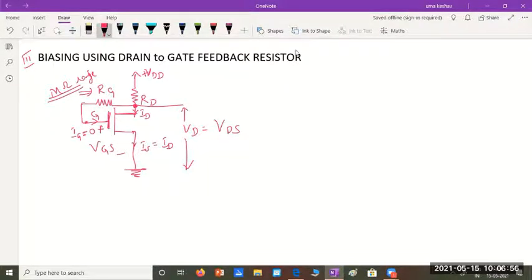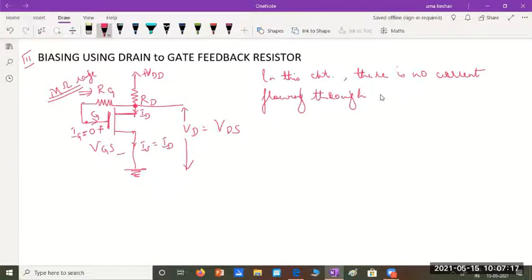So you just say in this circuit, there is no current flowing through the feedback resistor RG.